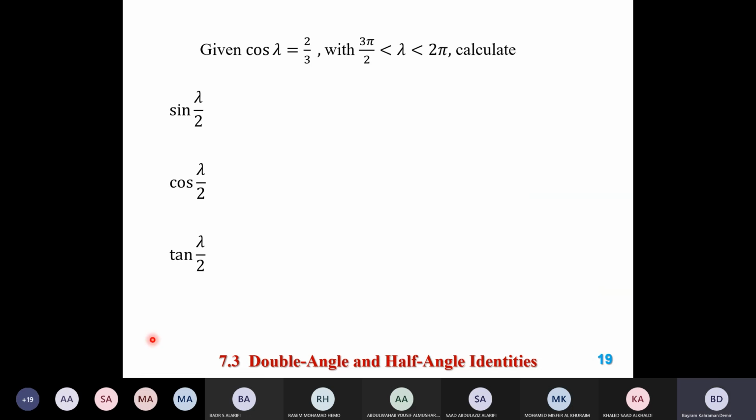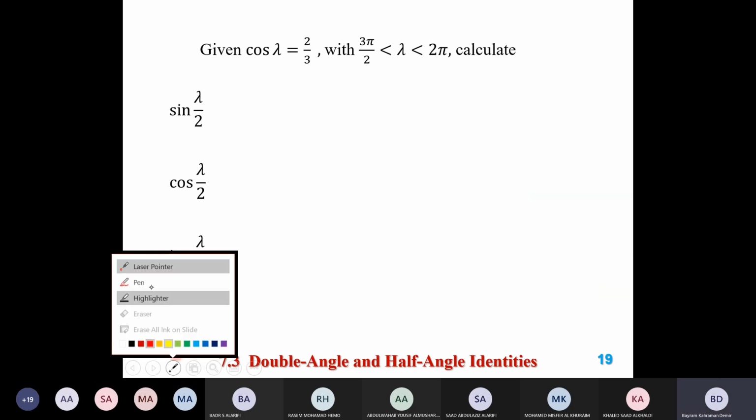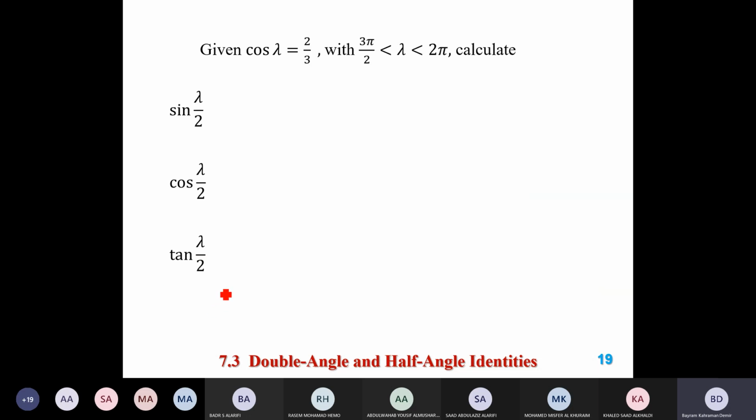Okay, so let's see how we calculate. Cosine lambda is given. How can I calculate sine of lambda over 2? It's going to be positive or negative. We have to decide which one.